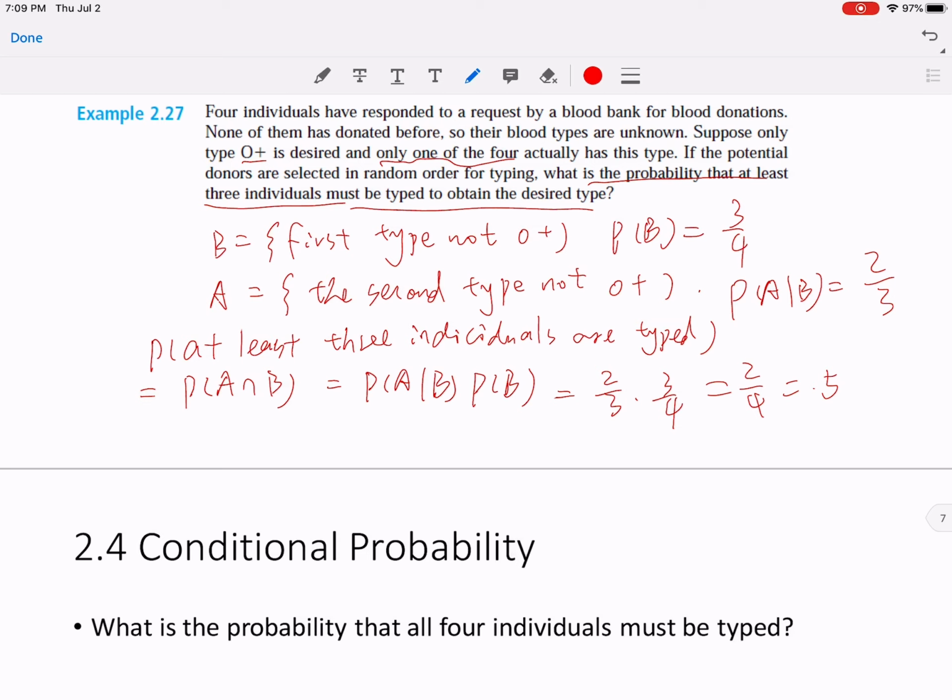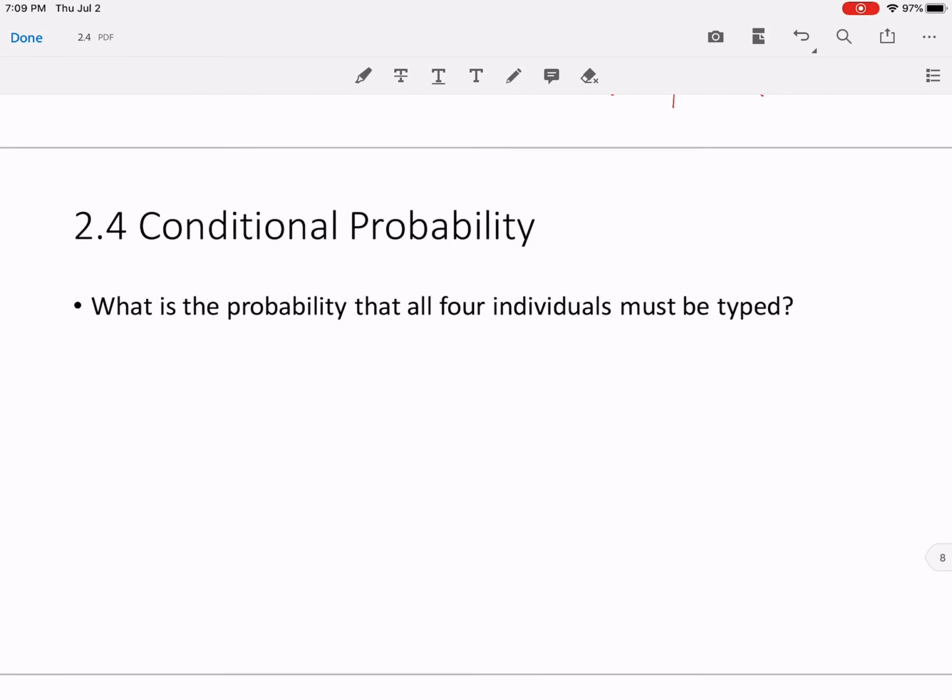Okay. Now once this is clear, let's take a look at this part. What is the probability that all 4 individuals must be tapped? If all 4 individuals must be tapped, then it must be that the last individual tapped has the O positive, which means the first 3 don't have the O positive.